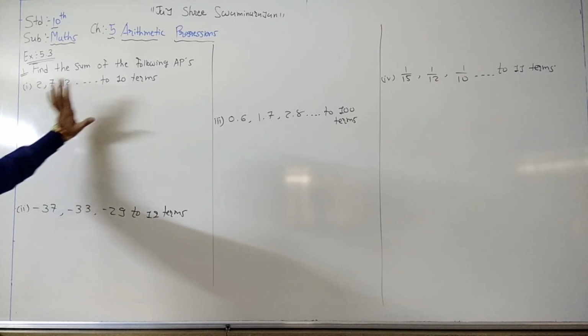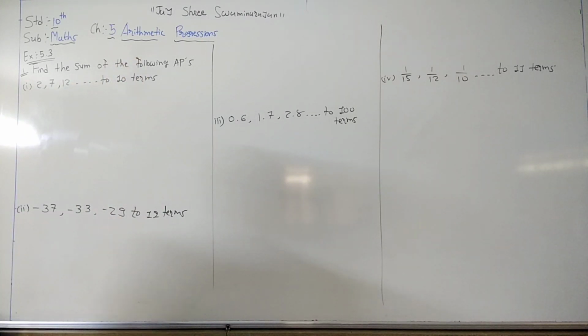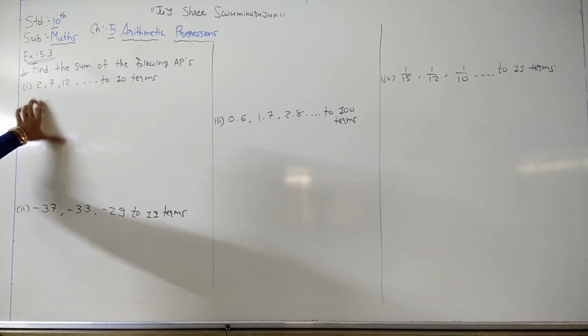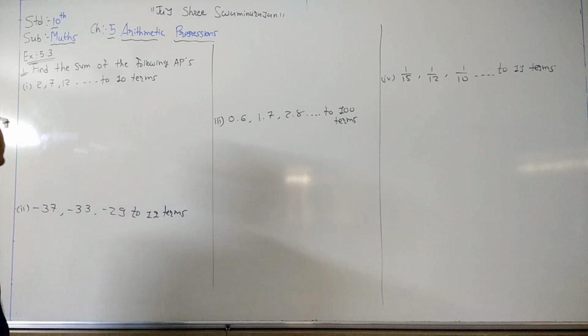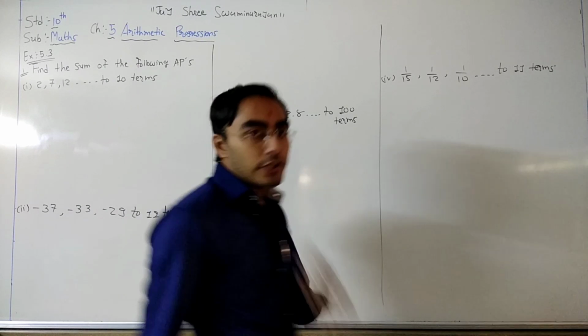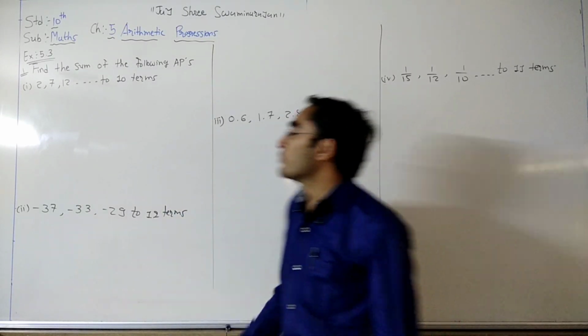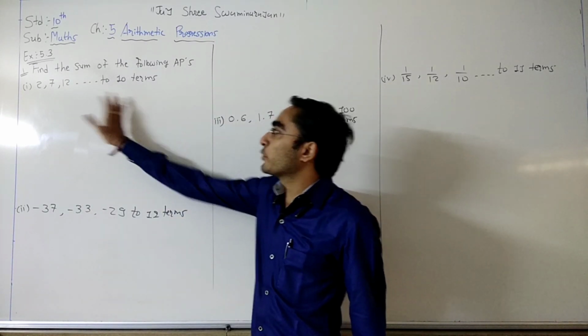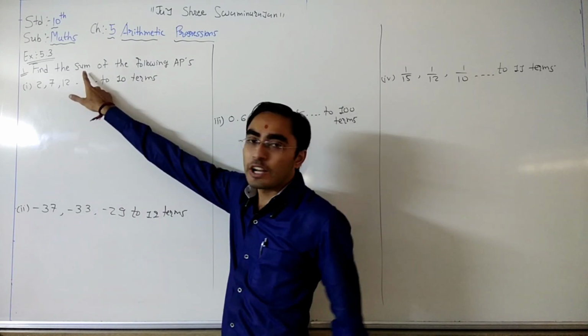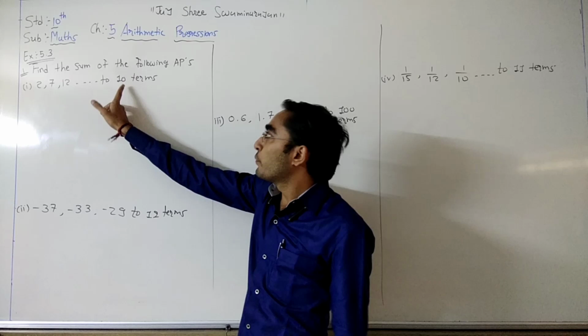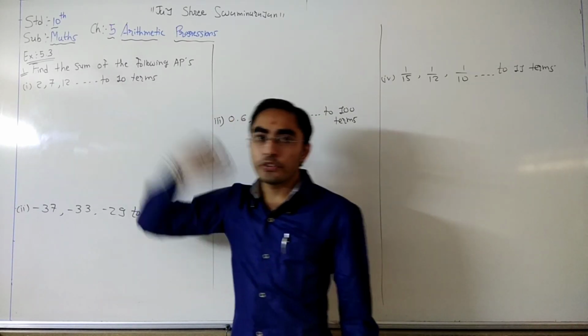The first question is 2, 7, 12 up to 10 terms. That means we need to find the addition of the first 10 terms of this AP.